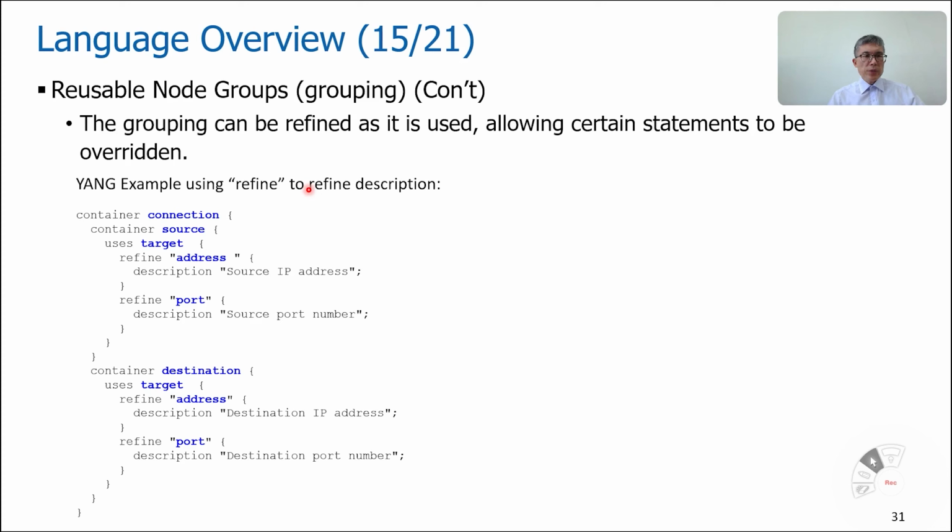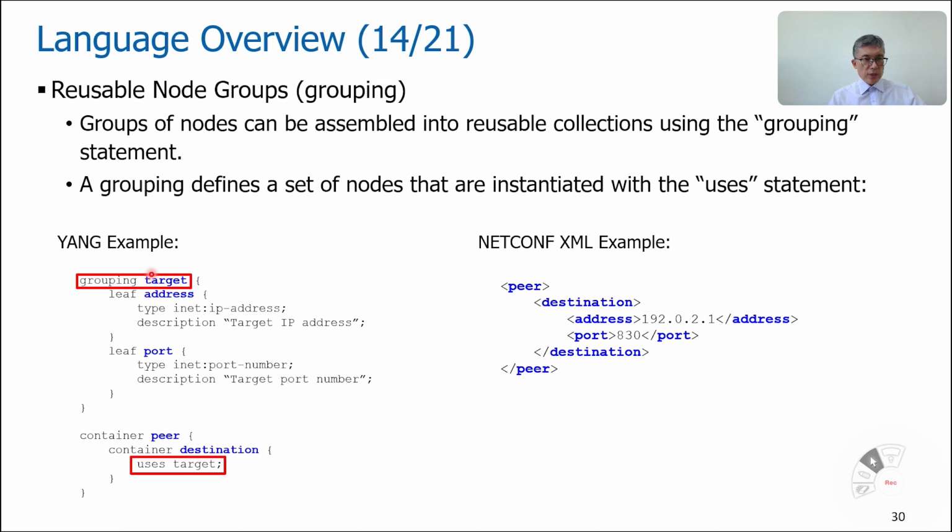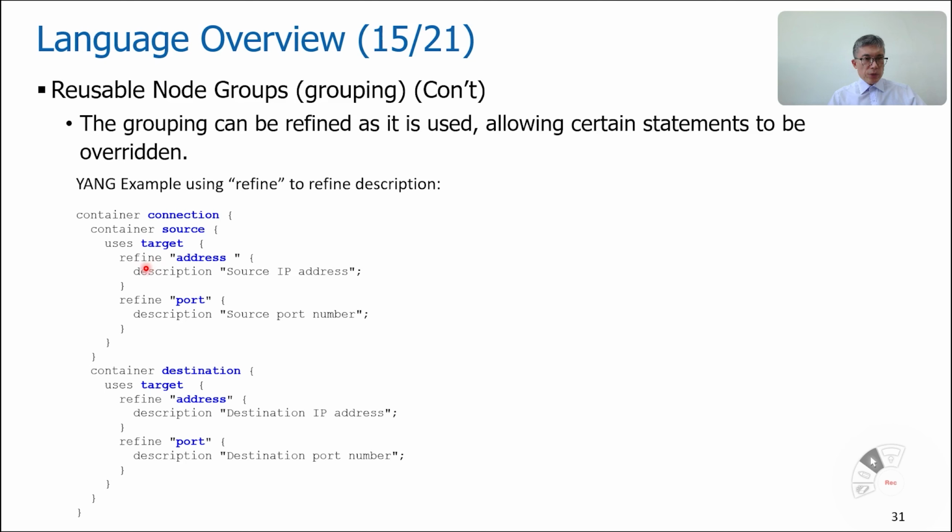So here a grouping can be defined, allowing certain statements to be overridden, using refine. So here the connection: source, the target addressing, and then we use the target here, address and port here, and in the use case we can define refine, right, on the address and port. The description we can specify clearly: source IP address, source port number.